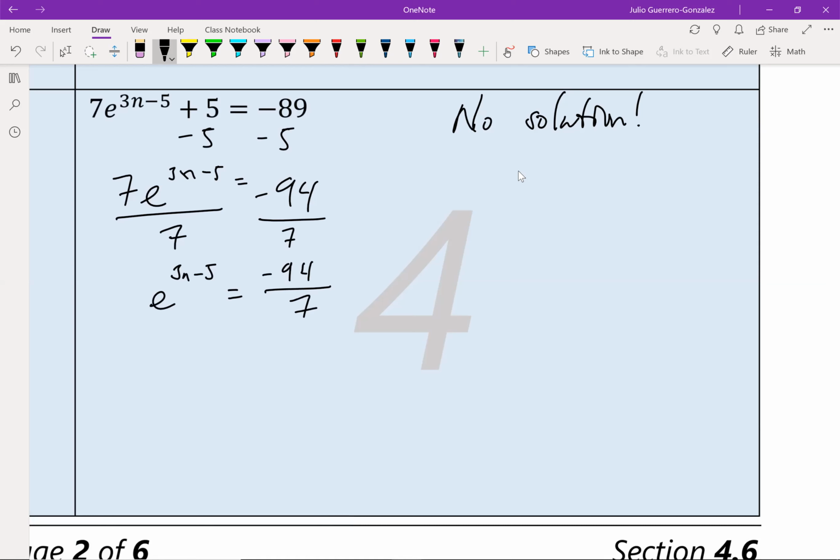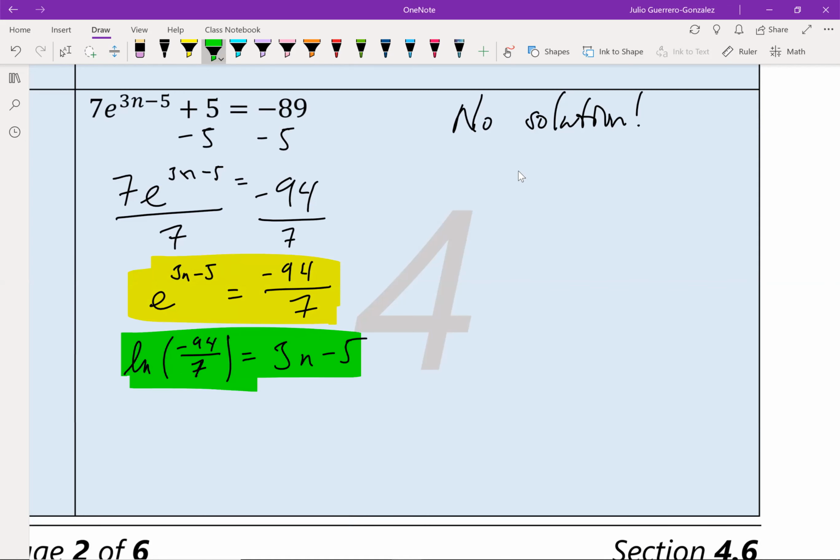Now, I am going to convert this using our log rule. So this is going to be ln of negative 94 over 7 is equal to 3n minus 5. There are two ways you can see that this won't work out.